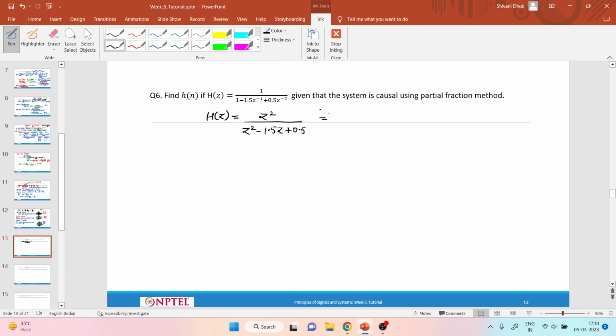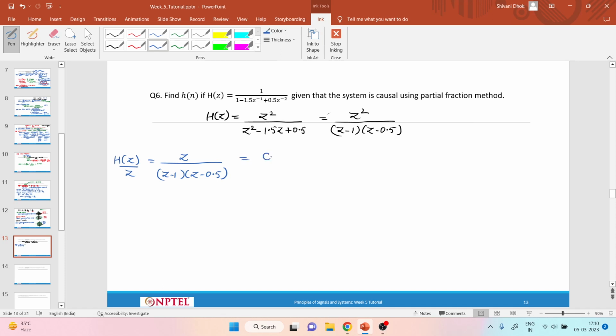This is equal to z square upon z minus 1 into z minus 0.5, which means that my h of z upon z is equal to z upon z minus 1 into z minus 0.5.